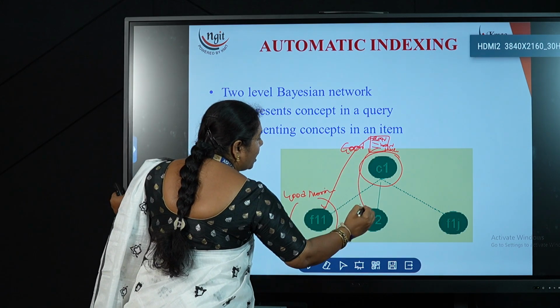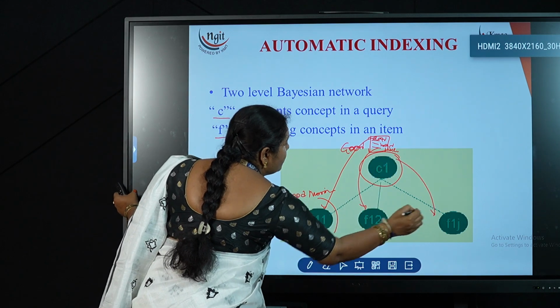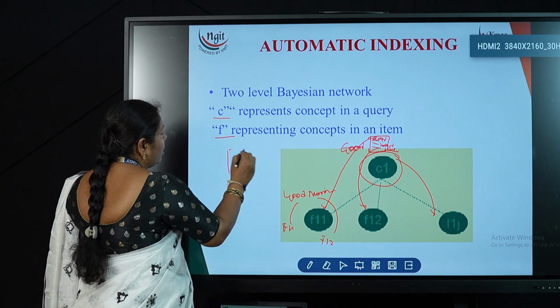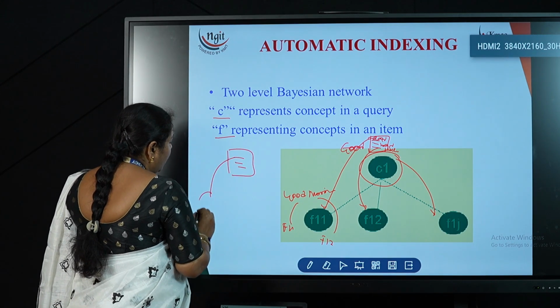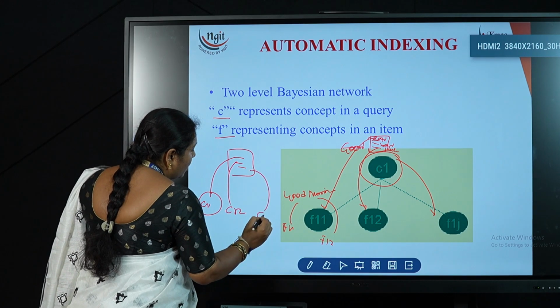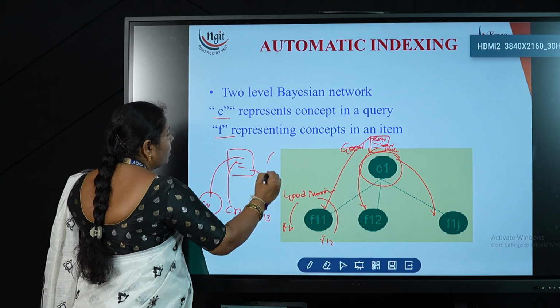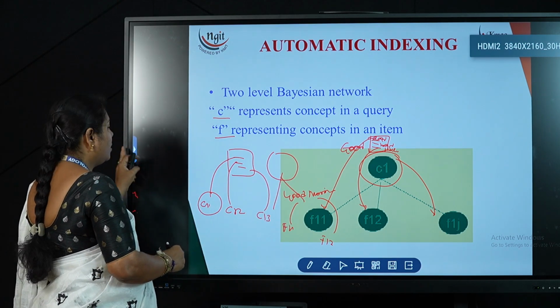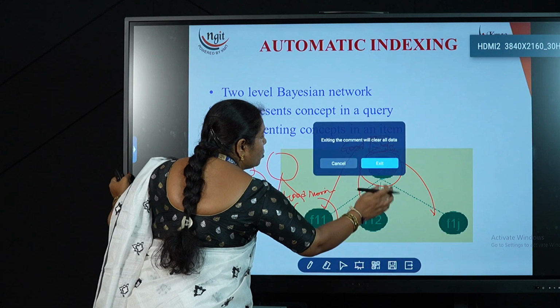Coming to the second one, bad, if I have only one value, this is a representation of a two-level Bayesian network. You have the document, all the letters will be there, and again this will have C11, C12, and C13. If I go for some other document, I again have to generate the tree. So this is a two-level Bayesian network.